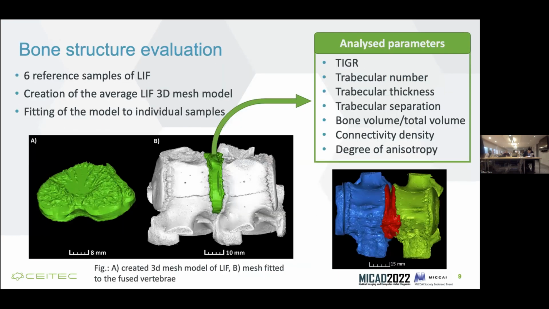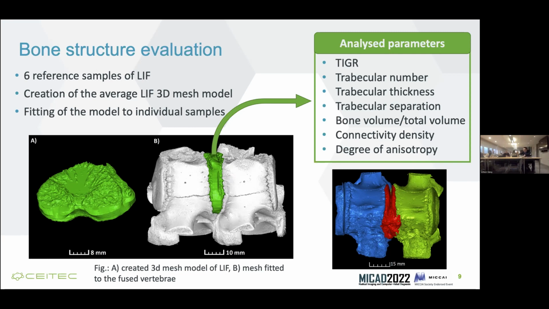And we wanted to go a bit further and explain the whole process of the fusion. So we did a morphological analysis of the newly developed bone. We created a manual reference of the fused area based on 6 completely different samples.